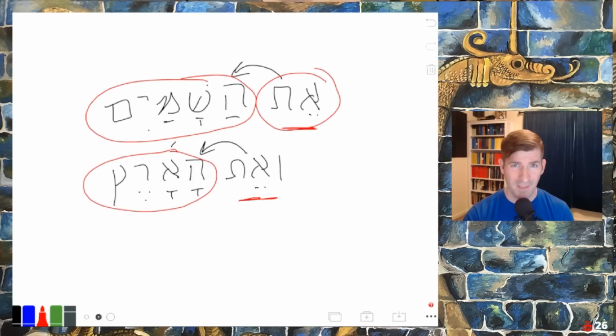One of the things they point out is, look, if you look at an interlinear text, where it has the Hebrew on top and the English underneath, kind of word for word, they never translate Aleph Tav.